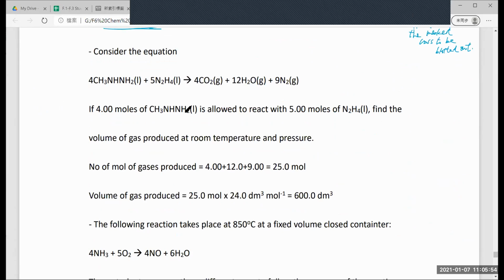If 4.0 mole of hydrazine is allowed to react with 5.0 mole of N2O4, find the volume of gas produced at room temperature and pressure.